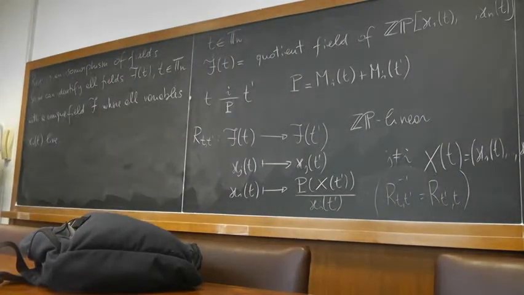But here I consider all variables of all vertices. For any vertex of t, you consider the variable x_i,t, and this is an element of this field. And some of them are equal, of course.